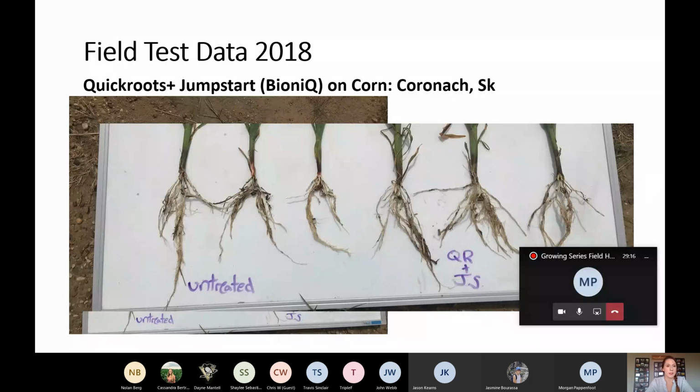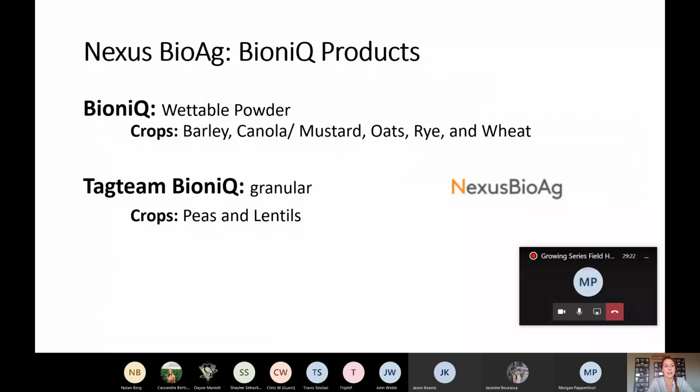Yeah, so I'll talk about the Bionic products now. There's two options. There's Bionic and then there's Tag Team Bionic. So Bionic is Quick Roots and Jumpstart put together. You can get it as a wettable powder, and it's meant for crops like barley, canola or mustard, oats, rye, and wheat.